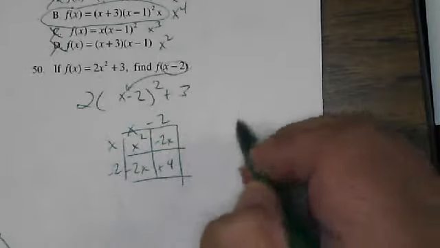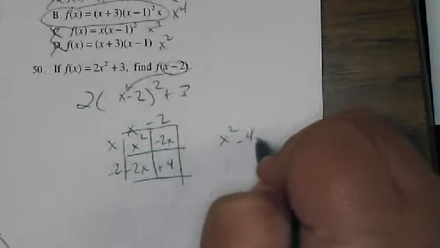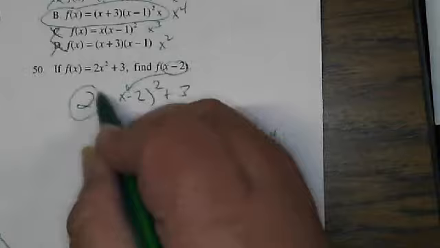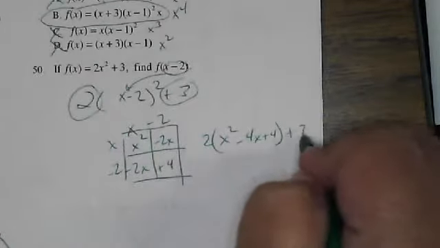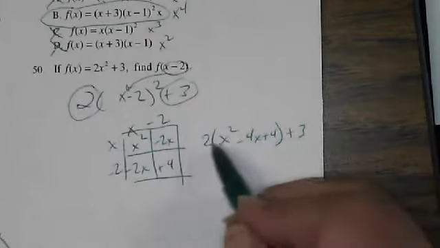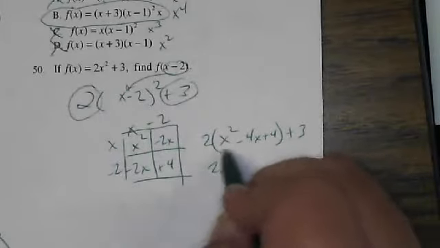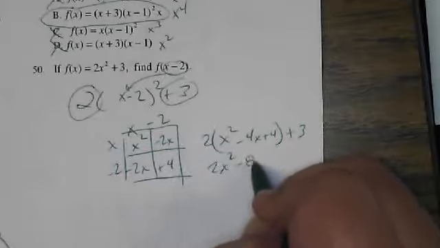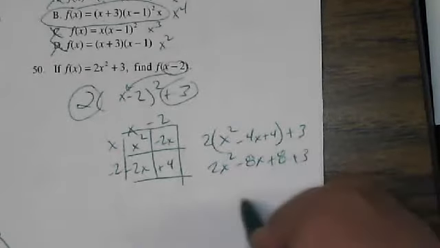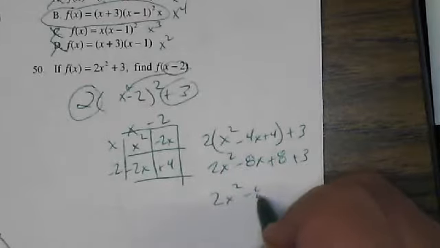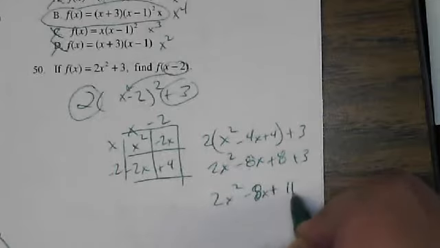So right here, you'd have x squared minus 4x plus 4. But there's a 2 in front, and there's a plus 3 on the end. So 2 times x squared is 2x squared, 2 times negative 4 is negative 8x, and 2 times positive 4 is positive 8. Don't forget you have plus 3 there, so 2x squared minus 8x plus 11.